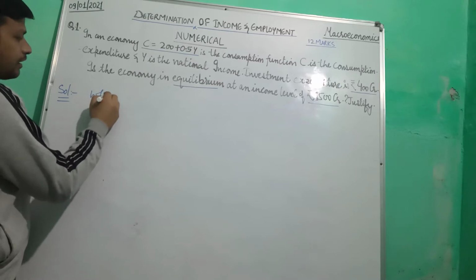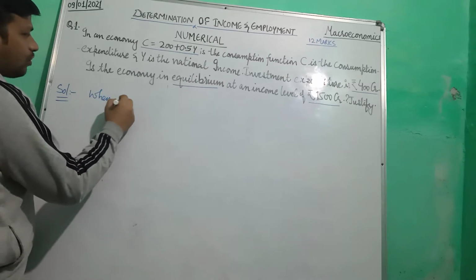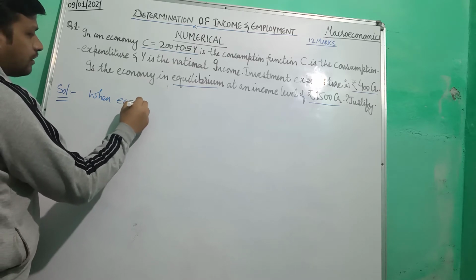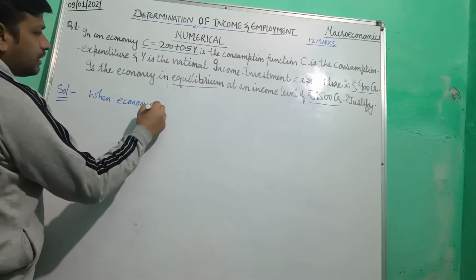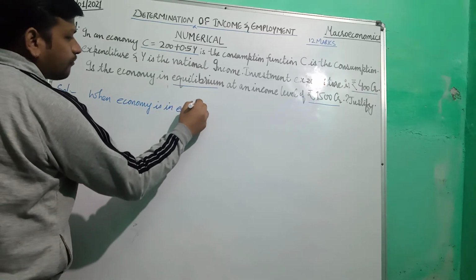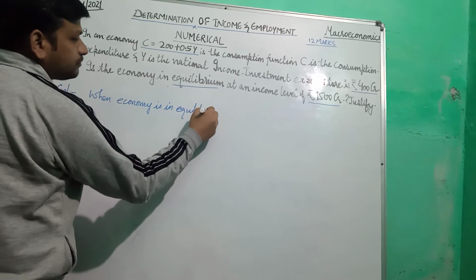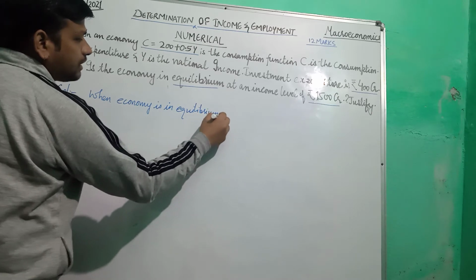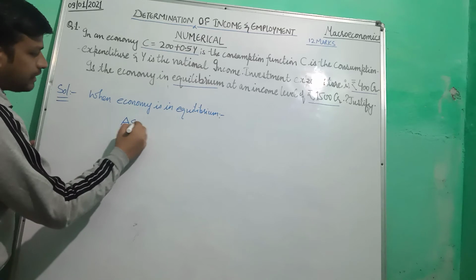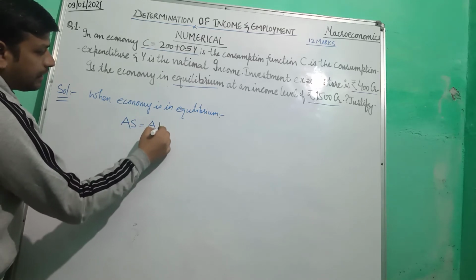when an economy is in equilibrium, we will take aggregate supply equal to aggregate demand.